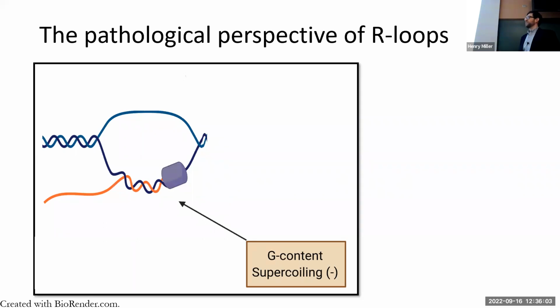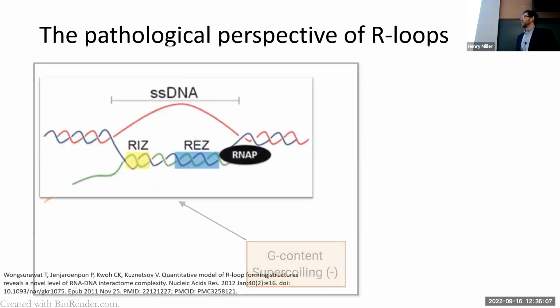and G content. And when we're talking about G content, we're really talking about this right here, so-called RIS-RES regions. Now, RIS regions, also known as R loop initiation zones, are regions that contain a large number of G clusters. There's also a linker region of any sequence content.